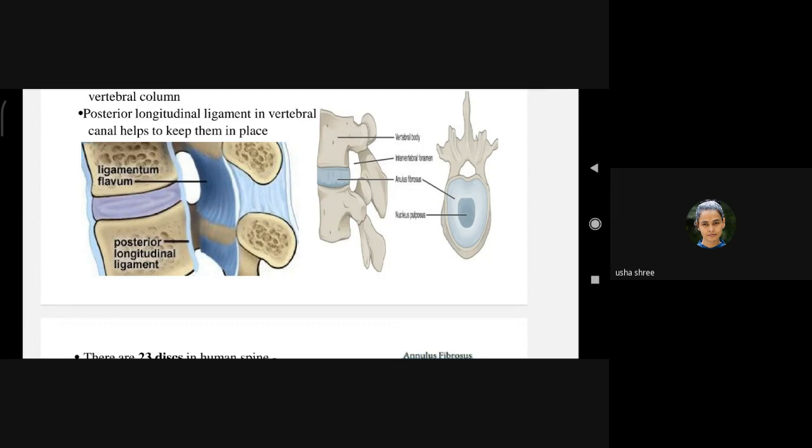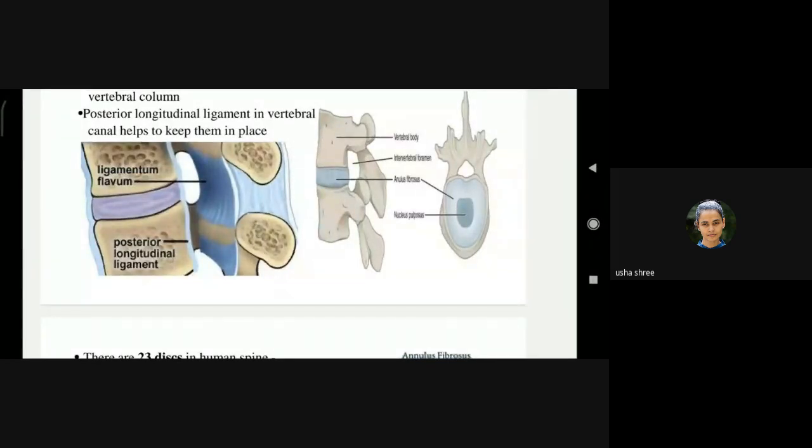So they form a structure or a covering of the vertebral body. This is their main work, to support these vertebrae to stay in their place only.